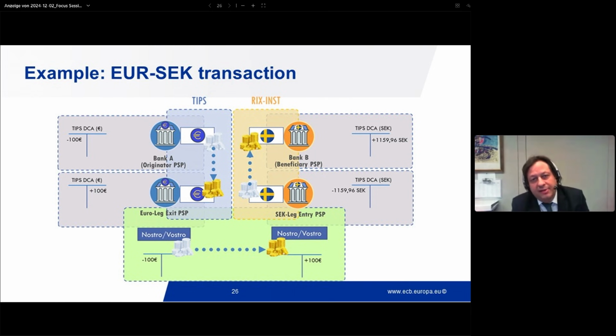One that is transferring funds from the debiting account to the account of the intermediary on the euro side, and another transaction still in TIPS, moving funds from the intermediary on Swedish krona side to the ultimate beneficiary. Some realignment in terms of liquidity would be necessary just for the two intermediaries to exchange funds with each other. So there should be an agreement between them in order to make sure that this transaction can be settled effectively.